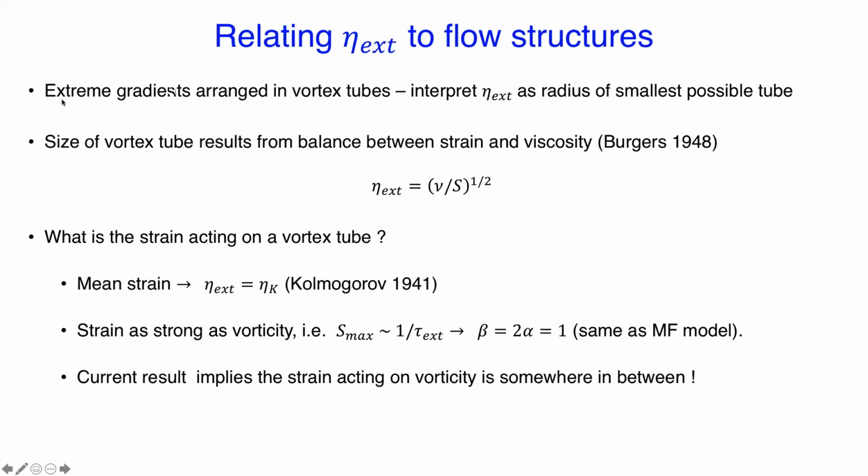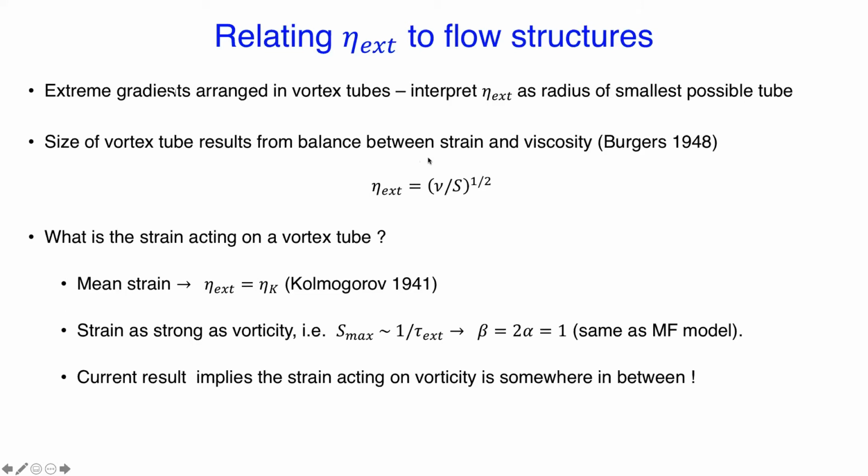So one idea is to interpret this eta x, the smallest length scale over which the gradients are occurring, as the radius of some vortex tube, the smallest possible tube. And then if we invoke the simple idea from Burgers, this eta x is essentially going to result from the balance between the viscosity and the strain.